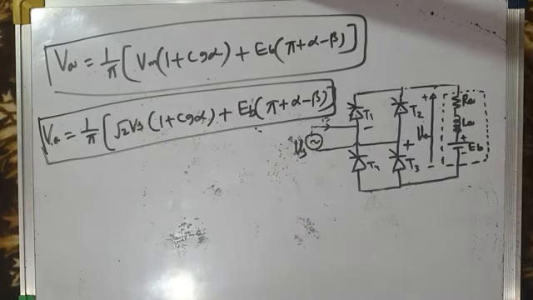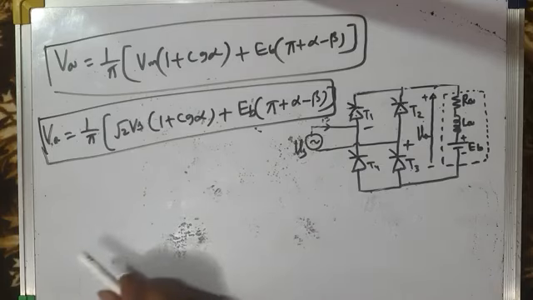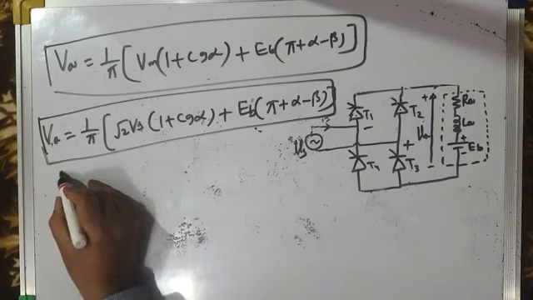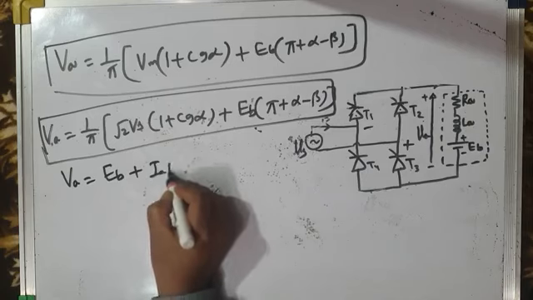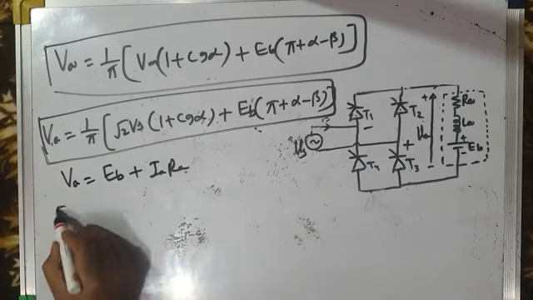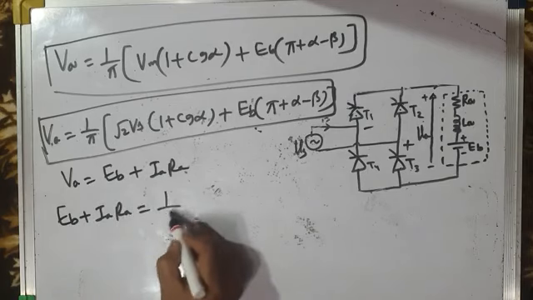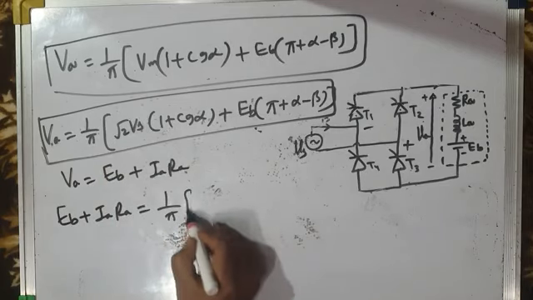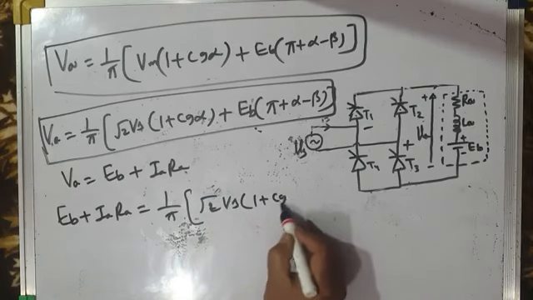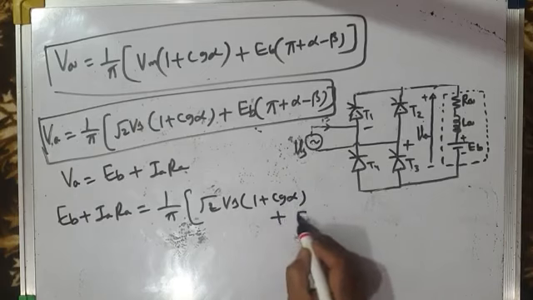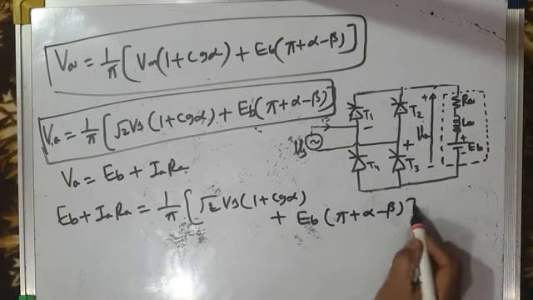Now I would like to develop the torque speed characteristics mathematically. Since VA is equal to EB plus IARA, I will substitute that here. So EB plus IARA is equal to 1 by pi times root 2 Vs into 1 plus cos alpha plus EB times pi plus alpha minus beta.